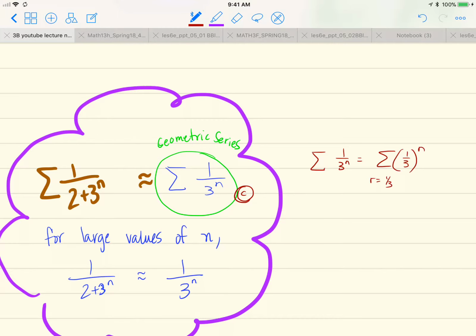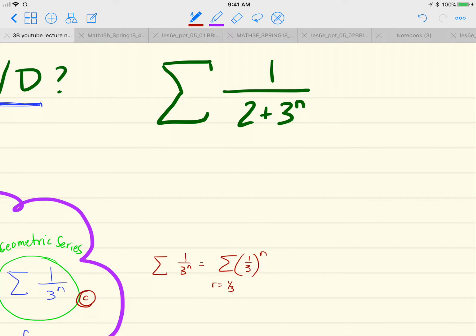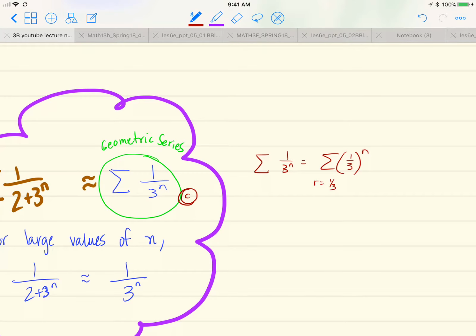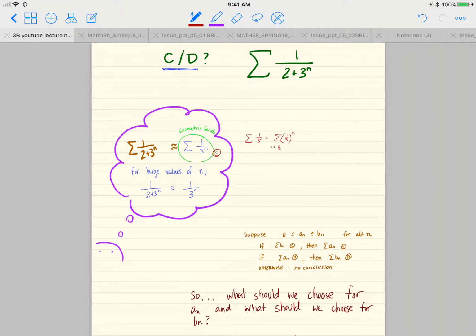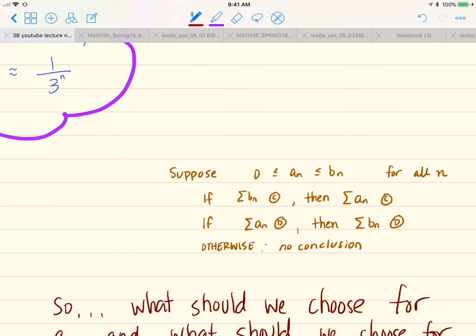So in our mind, we're thinking, the original series probably converges because the terms are so close to our convergent geometric series. Now let's see how to apply the direct comparison test to confirm our suspicions.